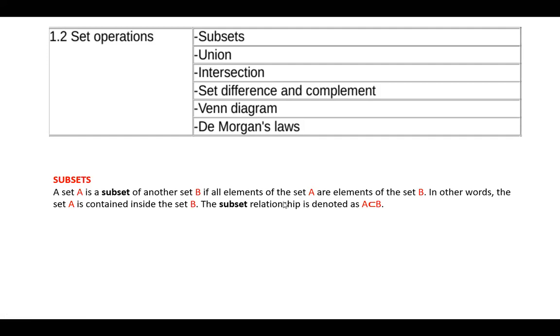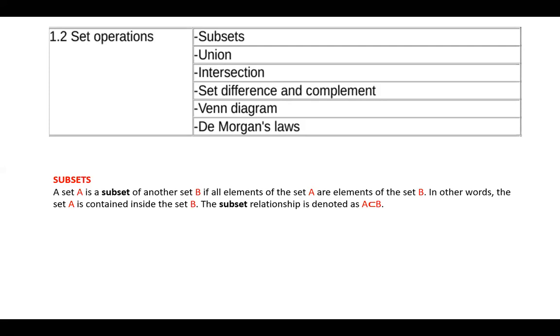In other words, the set A is contained inside the set B. So when you say set A is a subset of set B, we simply mean that set A is contained in set B. And then the symbol for subset is this one here.